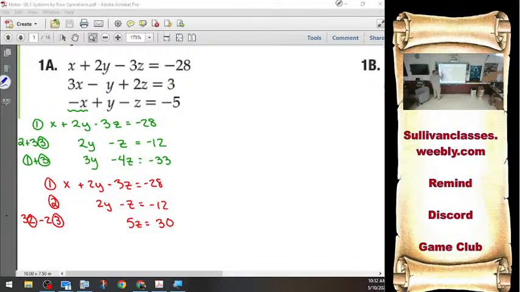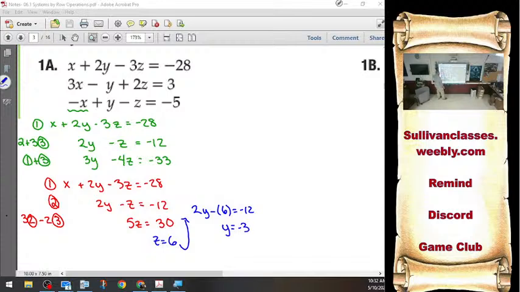Now, once I'm here, z is 6. If you have to write it out, write it out. 2y minus 6 is negative 12. Add 6, divide by 2. Y equals negative 3.